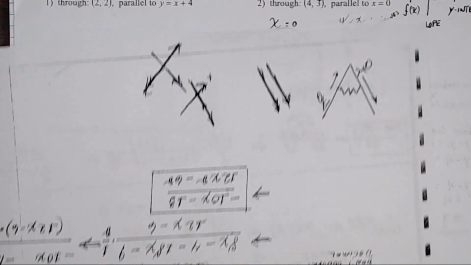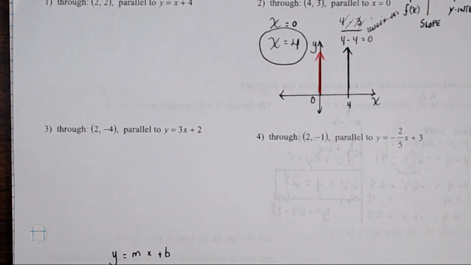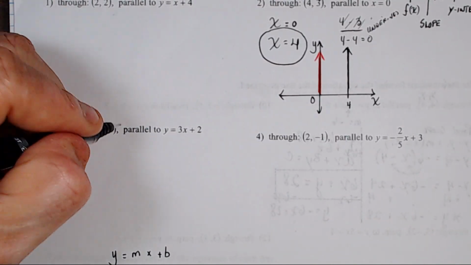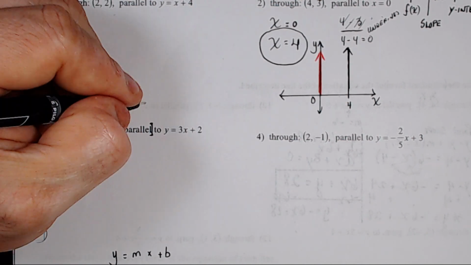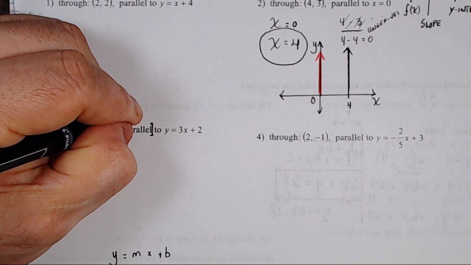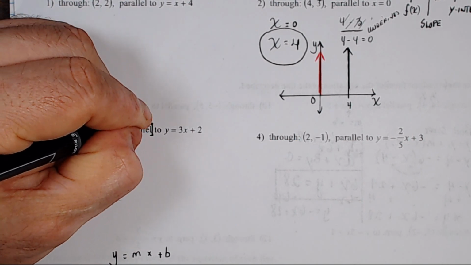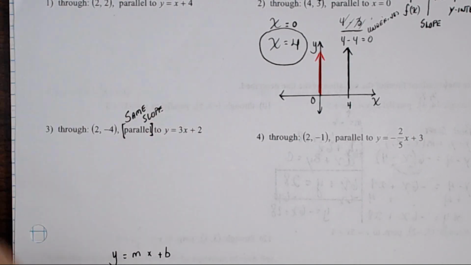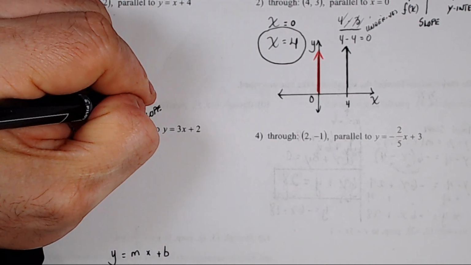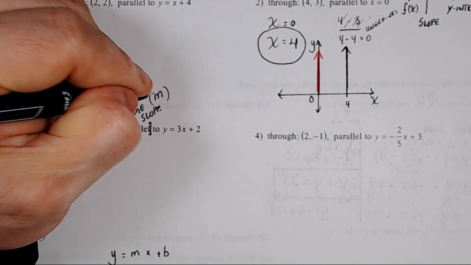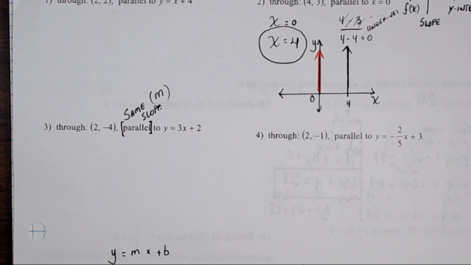The key is that they have to be the same slope. Parallel means same slope. Every time you see parallel, you know it means same slope. And the variable that we use to identify slope is m. So we need m to be the same for both.